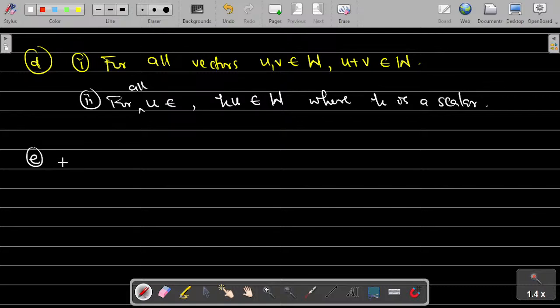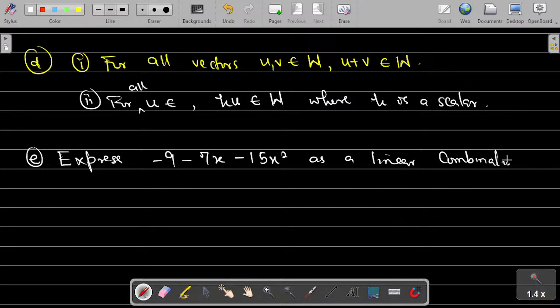So E is, so we have begun solving now. All the while we have been defining. Okay, so look at this. E is saying express -9 - 7x - 15x squared as a linear combination of P1, P2, P3, where P1, P2, P3 are given as follows.